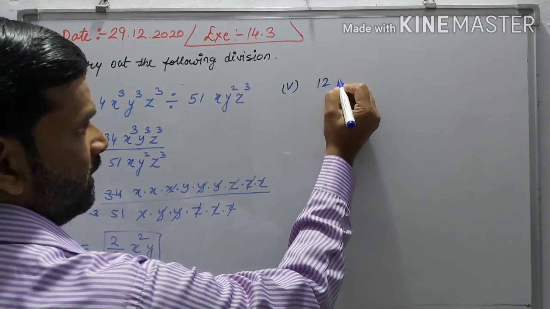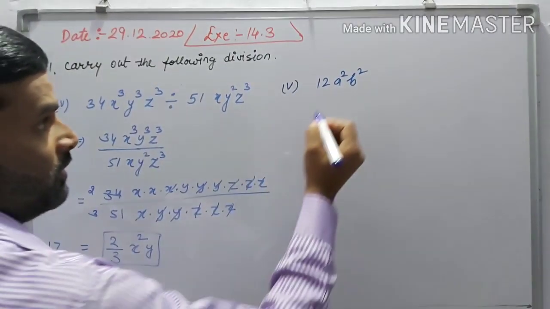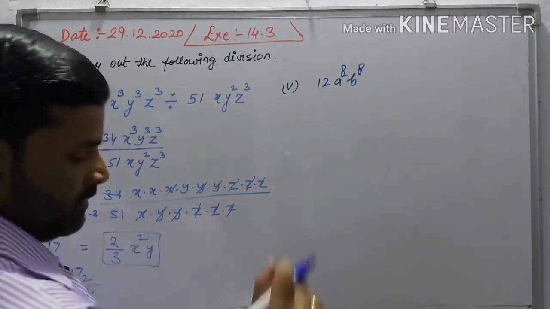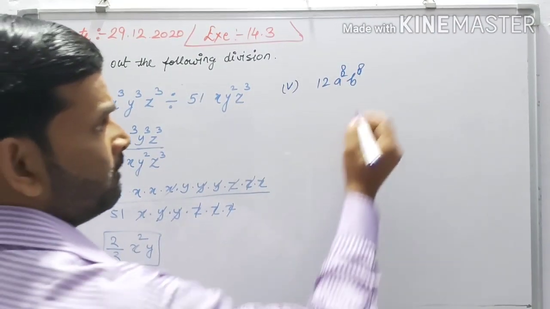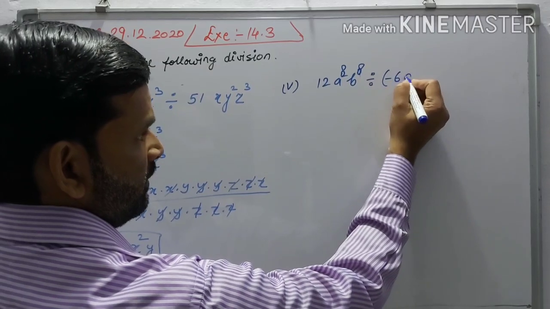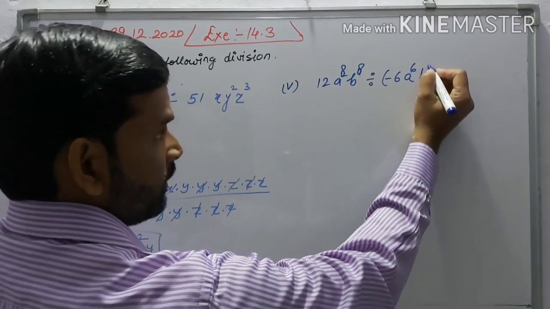It is 12a power 8 b square, divided by minus 6a power 6 and b power 4.